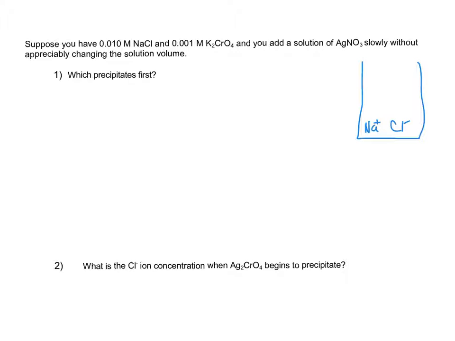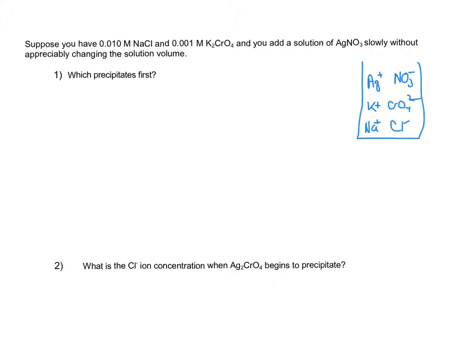Then we're adding potassium chromate, which has K+ and CrO4 2-. And then to that, we're adding a solution of silver nitrate. And supposedly that's going to make something precipitate out. So we want to know what would precipitate first.